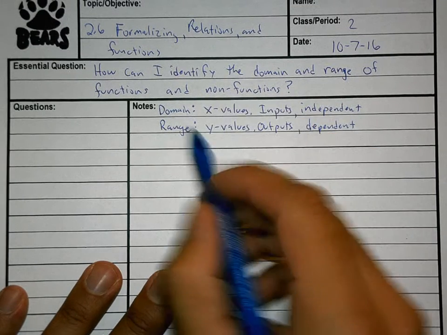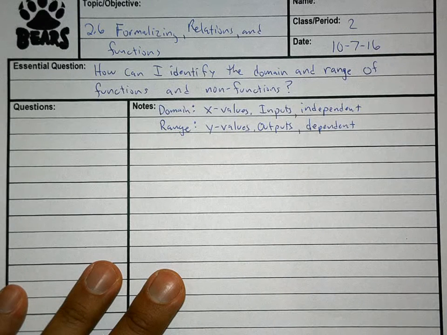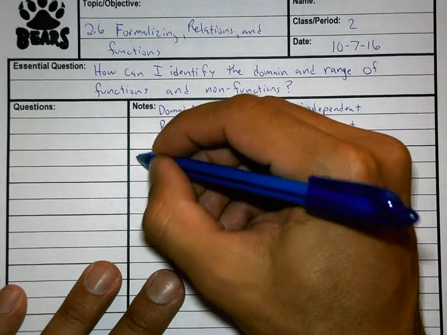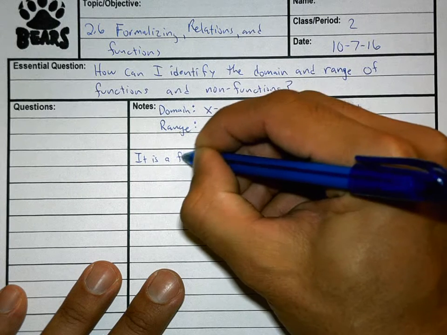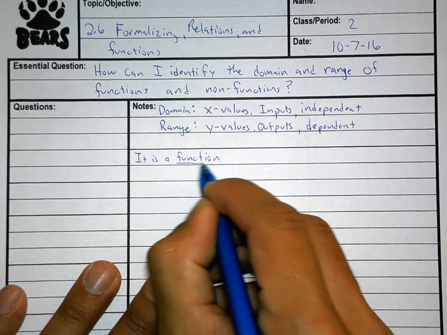The next thing, because you have heard these before, you're going to be asked to describe your domain and ranges of certain numbers. But you're also going to be asked, is it a function? Let's talk about function. I'm going to underline the word function real quick.